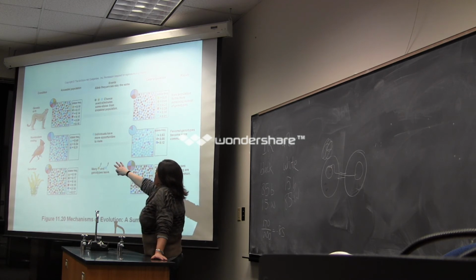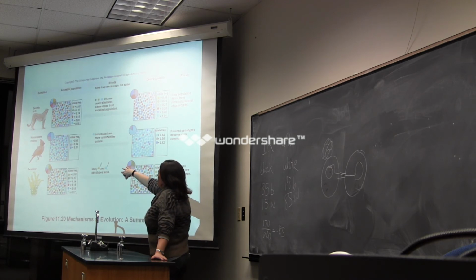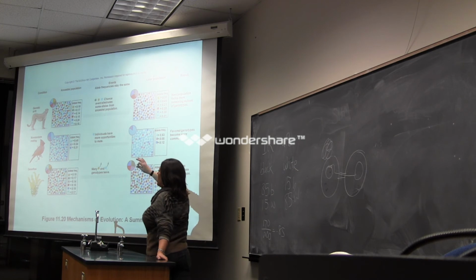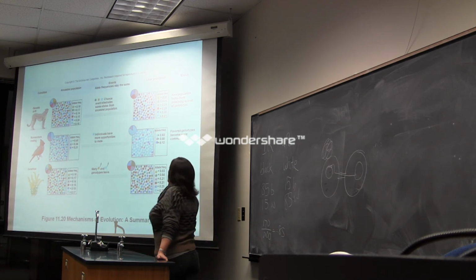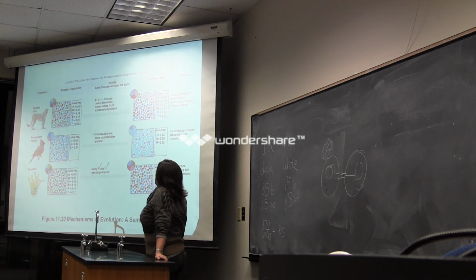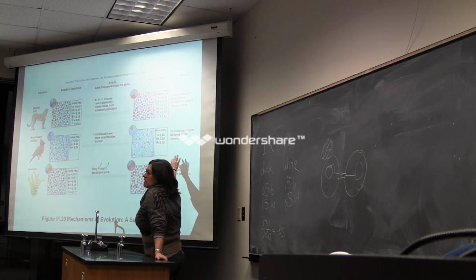Also there's non-random mating. When you have non-random mating, some individuals have more opportunities to mate. Based on who you mate with, the traits of you and your mate are the ones that are going to be passed on.